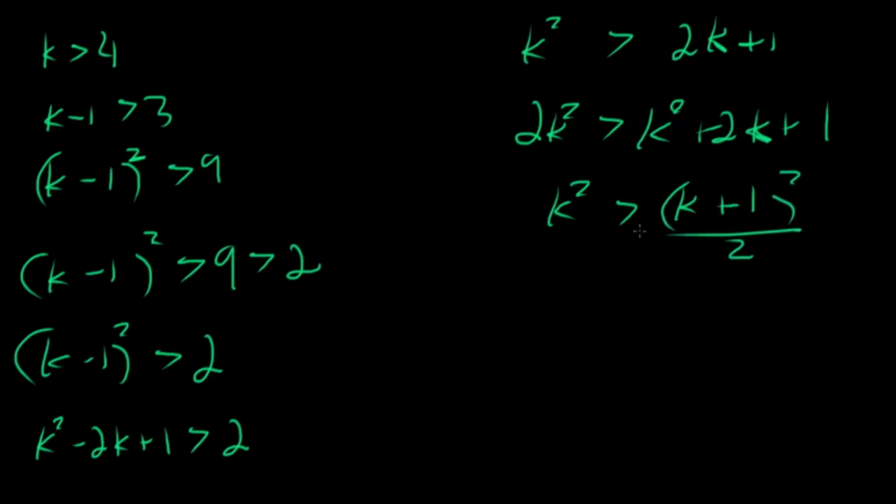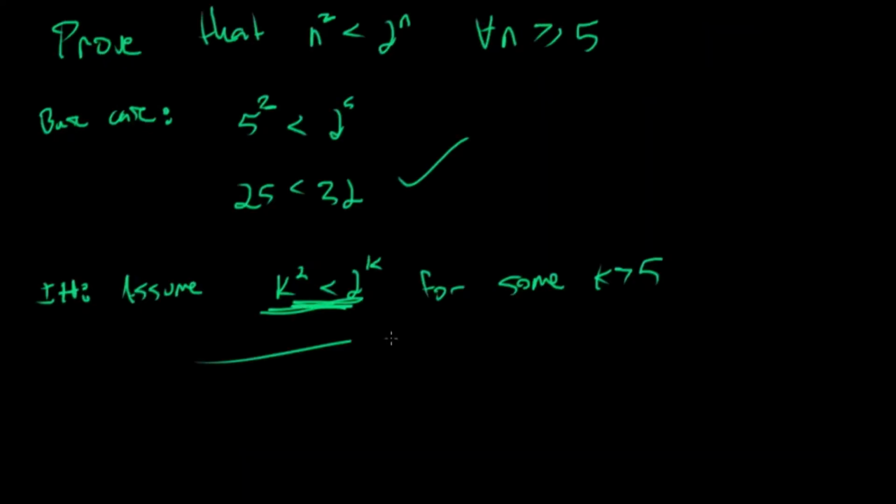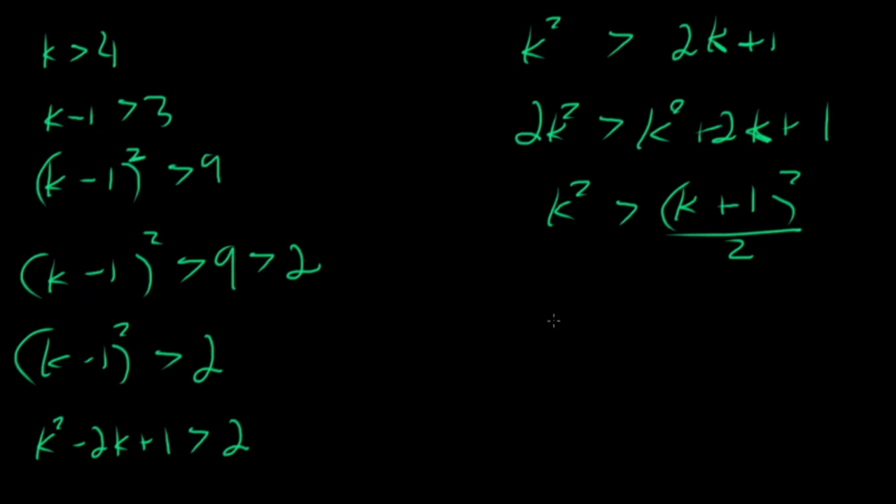Time to use the inductive step. I know for a fact that k squared is less than 2 to the k for some number larger than 5. That was the inductive hypothesis, the thing that we assumed. So this is in fact true.